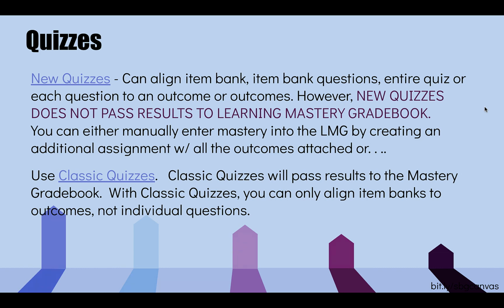One thing to note when using quizzes, right now you have access to new quizzes as well as classic quizzes. Classic quizzes will be deprecated at the end of, I believe, the 2021-22 school year. And classic quizzes will pass results to the Mastery Gradebook. With classic quizzes, you can only align item banks to outcomes, not individual questions. In new quizzes, you can attach outcomes to individual questions.